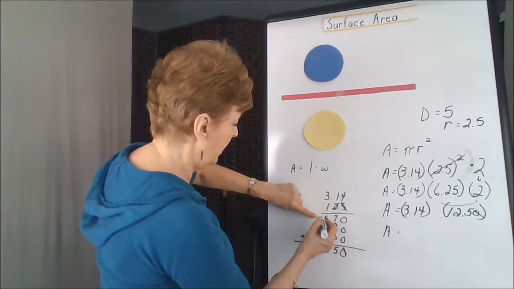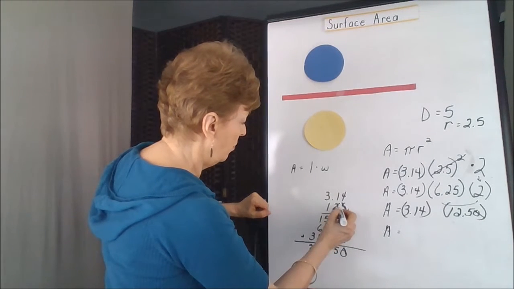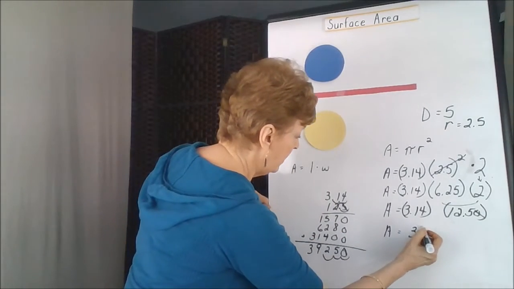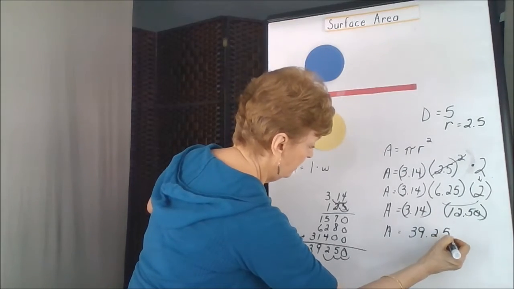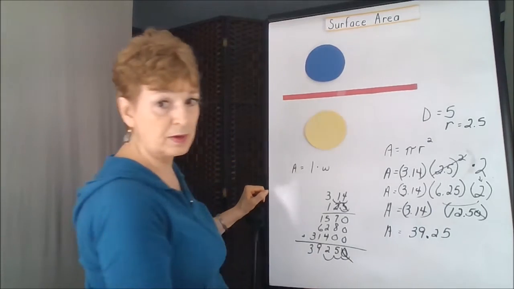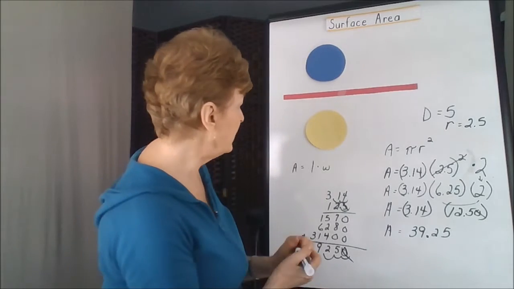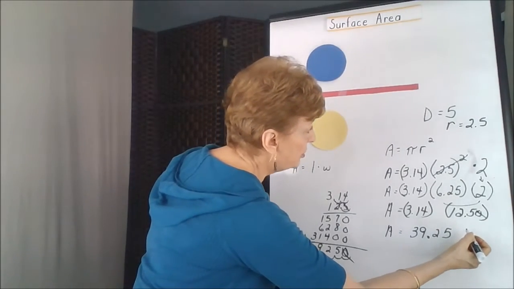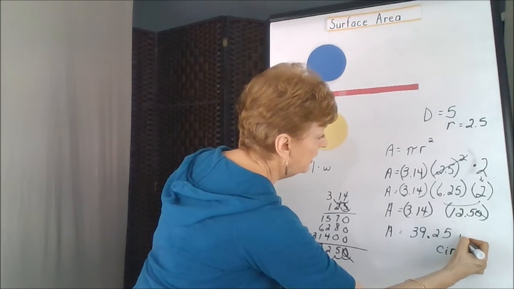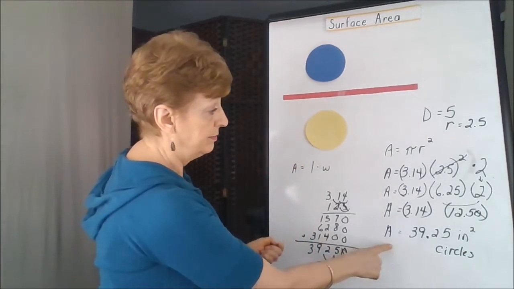Carry 1, 6, 7, 8, and 9, and 3. We have 1, 2, 3 places over, 39.25. I don't need the 0 on the end because it's a decimal. So that last one can come off. Okay, and this would be for the circles, the 2 circles. And that would be inches squared because we're talking about the area.